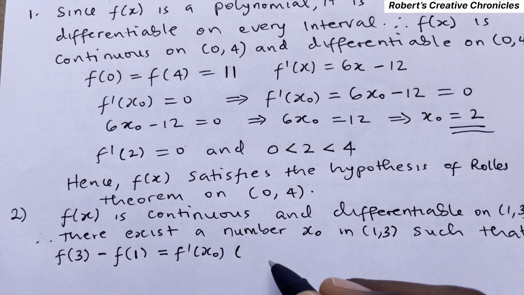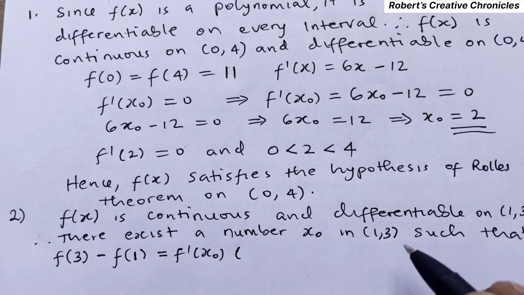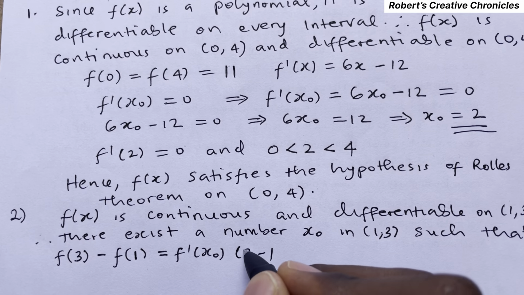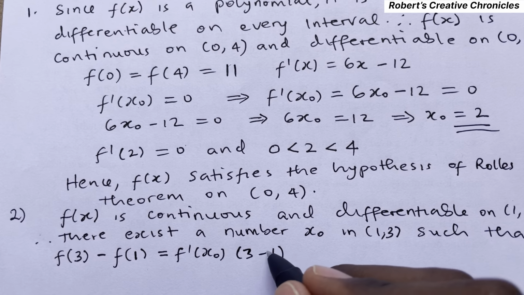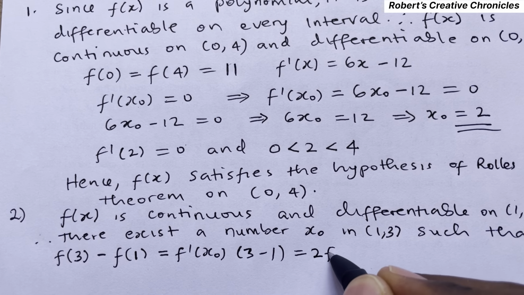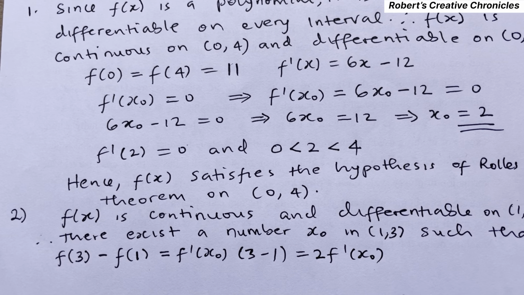Then x2 minus x1 is 3 minus 1, which is 2. So this is 2 f prime x0.